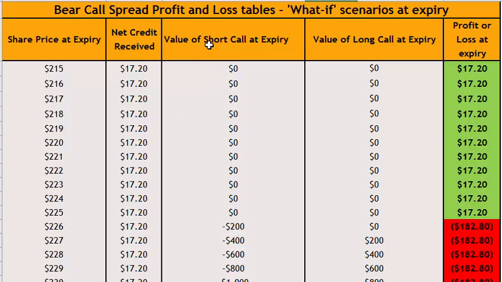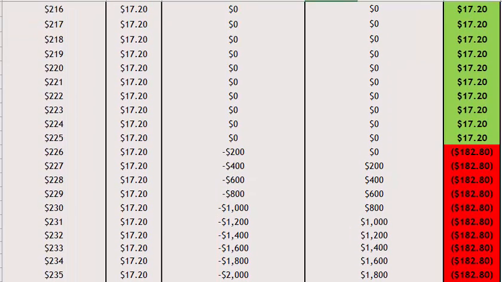We have two call options then to consider. We've got our short call option and our long call option. And call options only have value at expiry when the share price or the call option is in the money. So as you can see here, our short call option here was the 225 strike. So there's no value in that call option right up to 225. But after that, you're seeing a lot of negative values. So how did we get them?